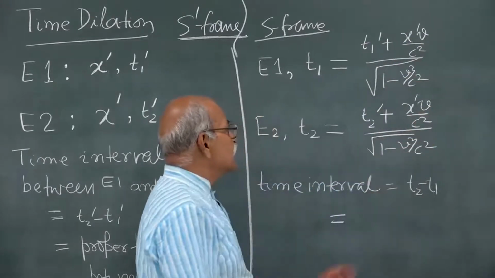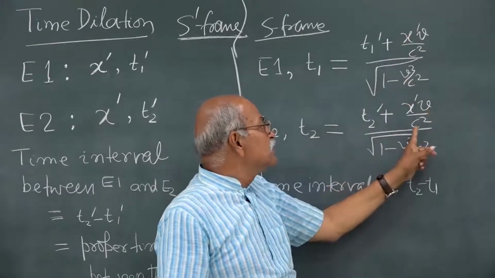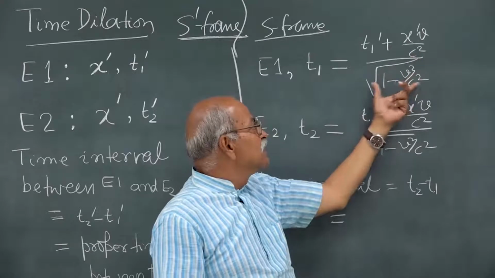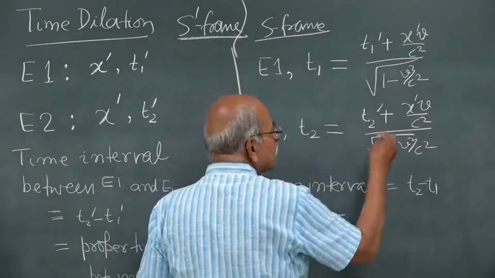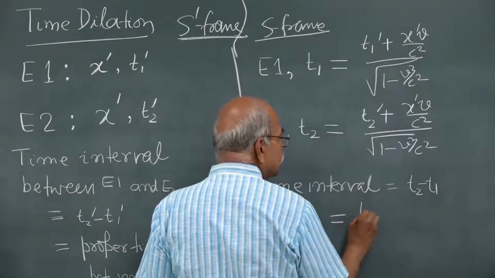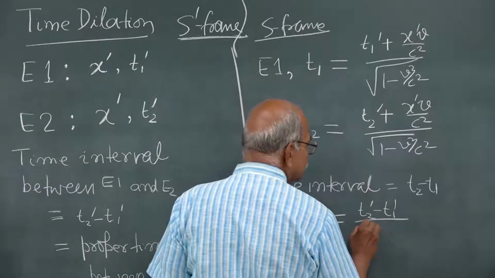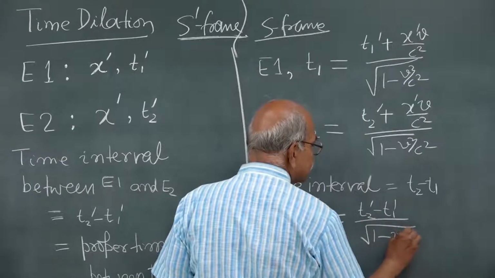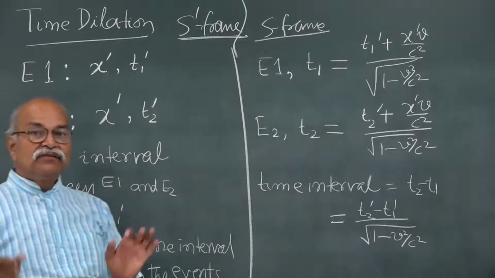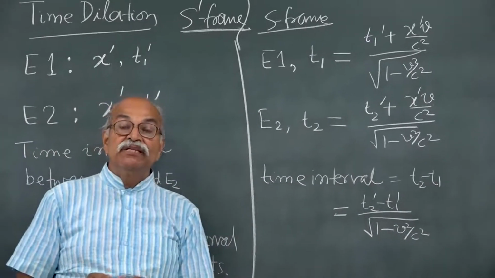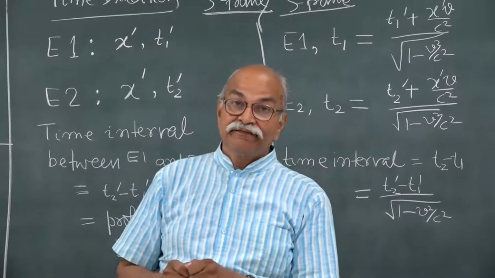The x prime here is the same, V by C square here is the same, and this factor is always there. So this will cancel out and it will become T2 prime minus T1 prime divided by the square root of 1 minus V square by C square.